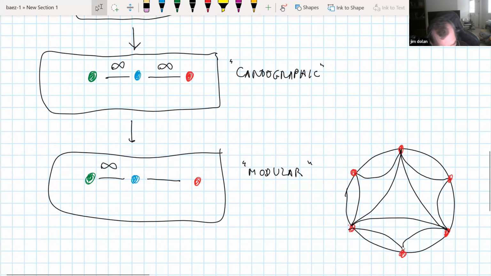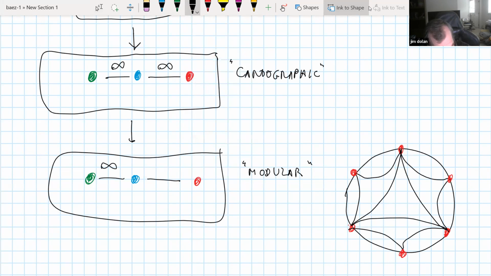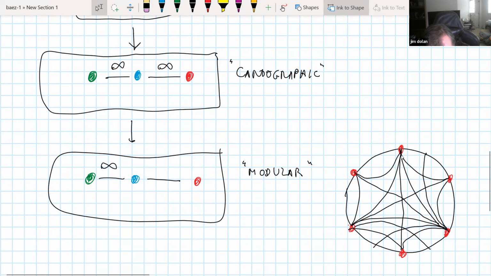But where are the blues and the greens? Well, you have to barycentrically subdivide now, right, to get the whole thing to make sense. I hope I'm doing this approximately correctly. So where are the blues?